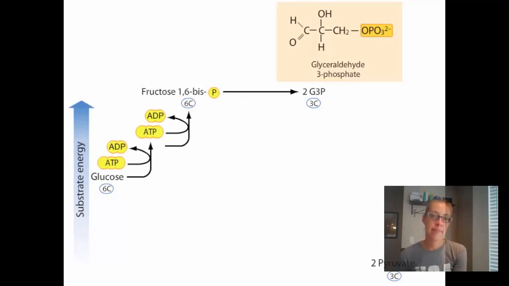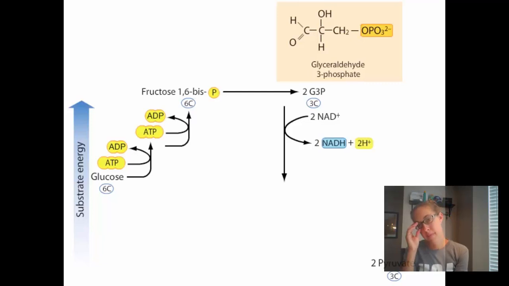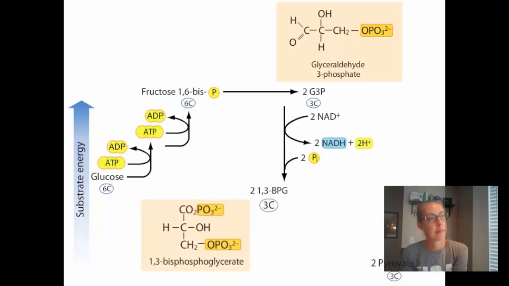In stage 2 of glycolysis, each of the 2 G3P molecules loses 2 electrons from 2 hydrogen atoms, converting NAD+ to NADH. NADH is a reducing energy carrier. The oxidation of G3P releases enough energy to add inorganic phosphate to each molecule, forming 2 molecules of 1,3-bisphosphoglycerate.